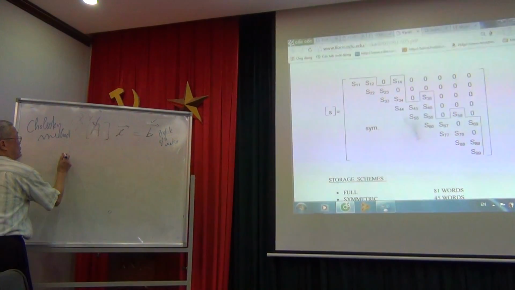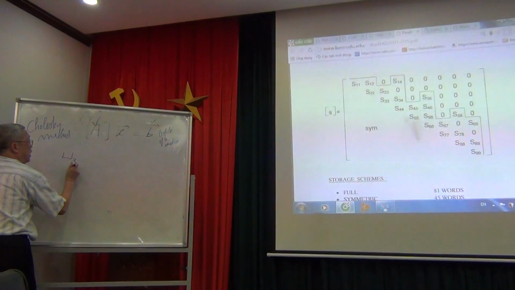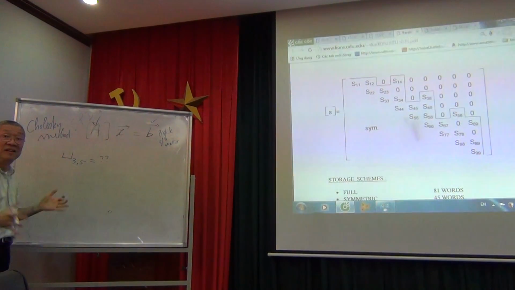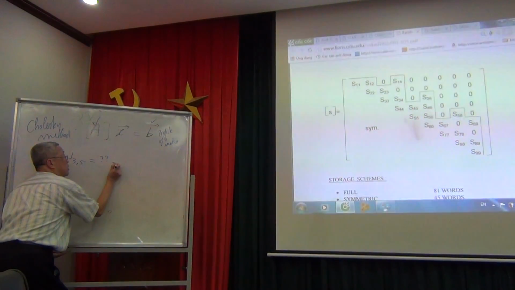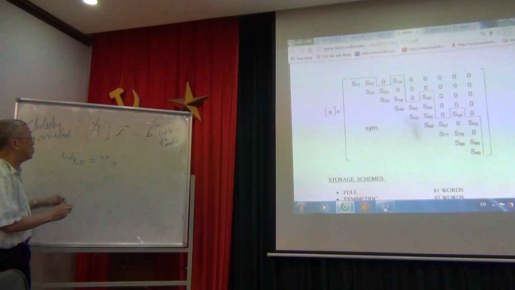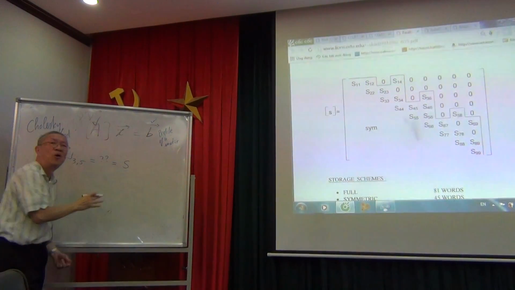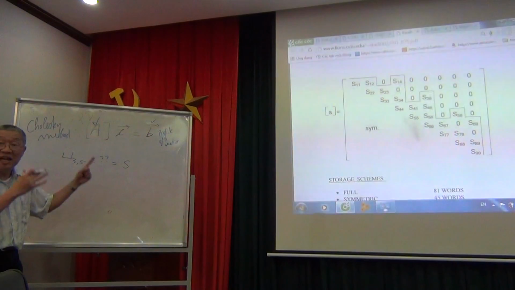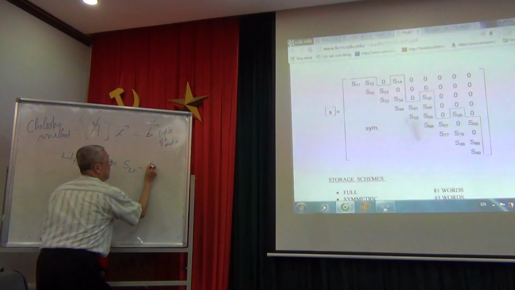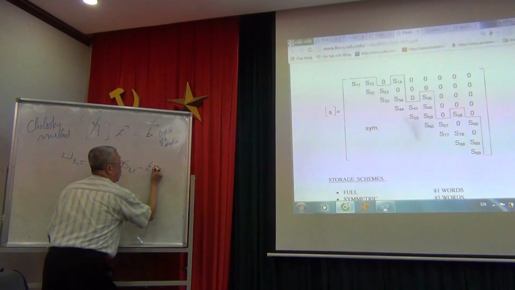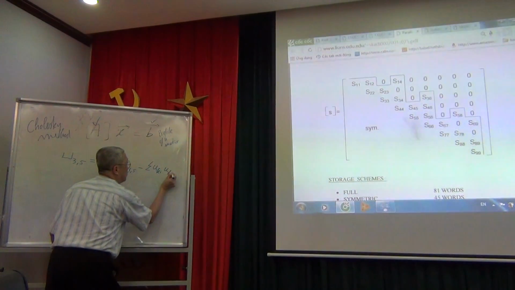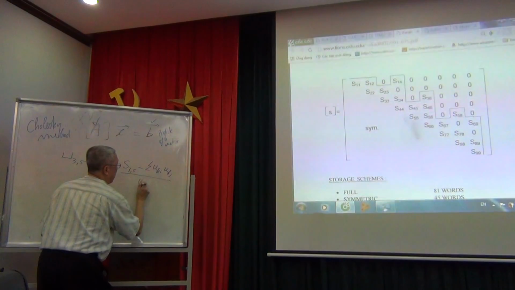So if I ask you, U3,5 equals what? Of course, you will say it is equal to, remember the picture, S or A, same thing, at the same location 3,5, minus the summation of U_ki U_kj, divided by U_ii.